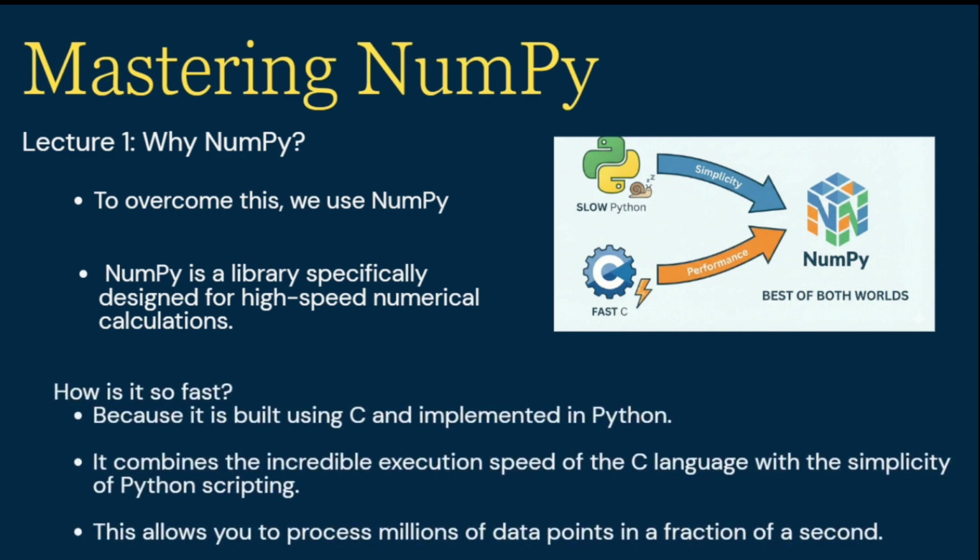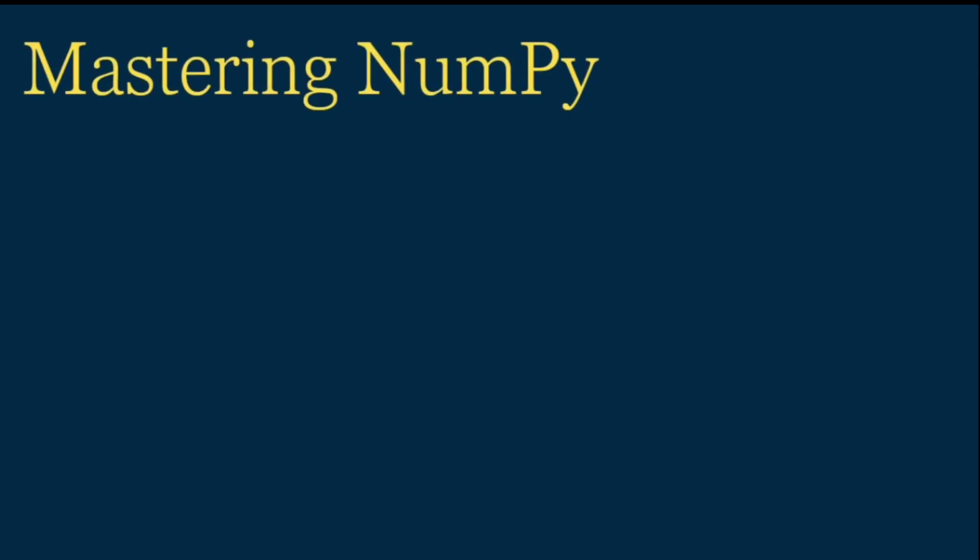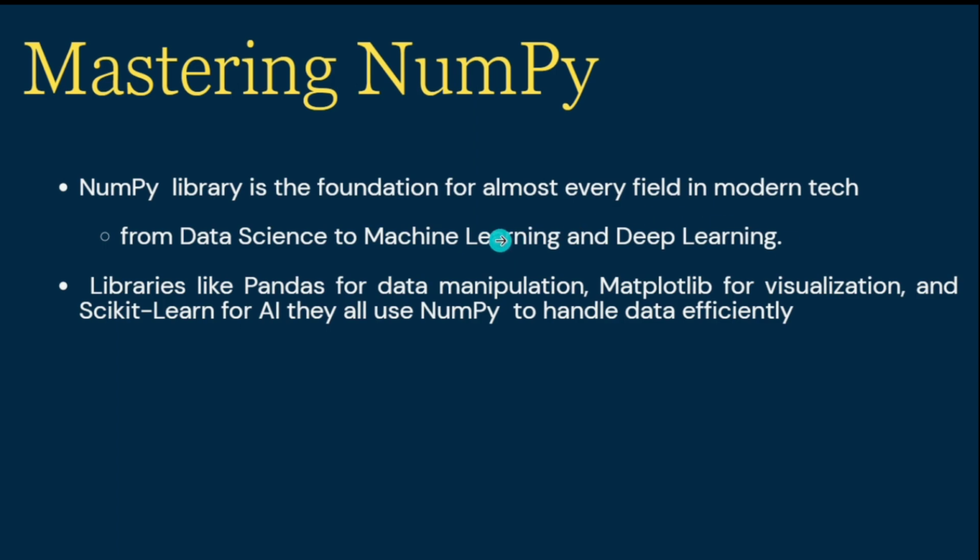This NumPy library is the foundation for almost every field in modern tech, from data science to machine learning and deep learning, or if you want to perform calculations on matrices or vectors. So this NumPy library is the most needed library that you need to master.